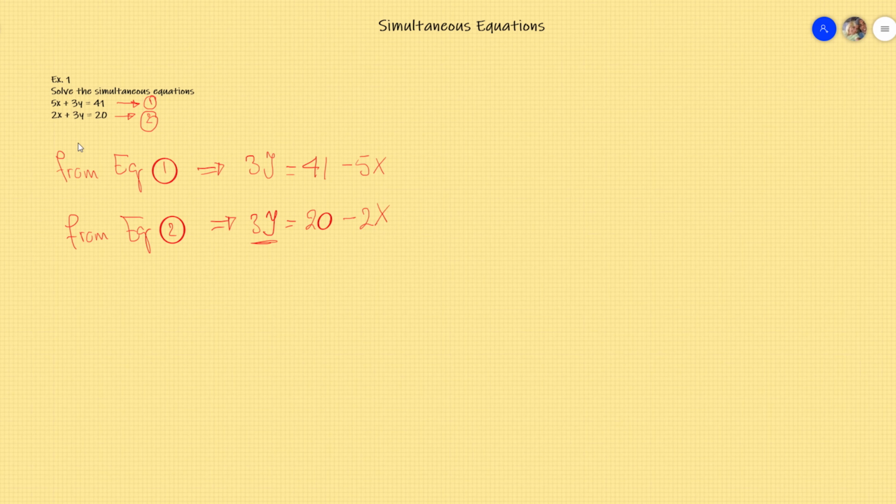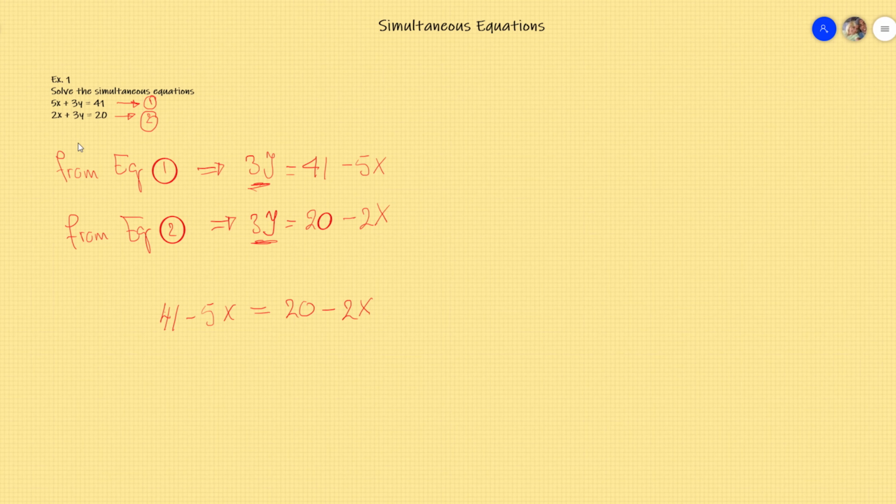Because 3y and 3y are the same, we could equate both equations. So 41 minus 5x is equal 20 minus 2x.